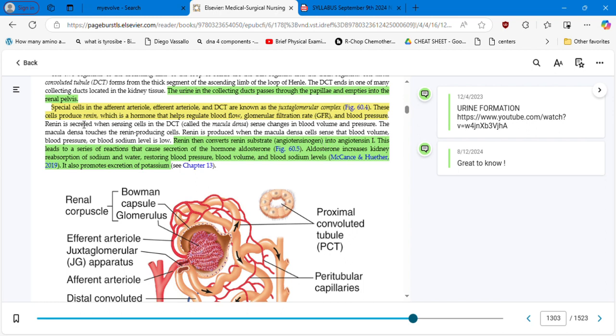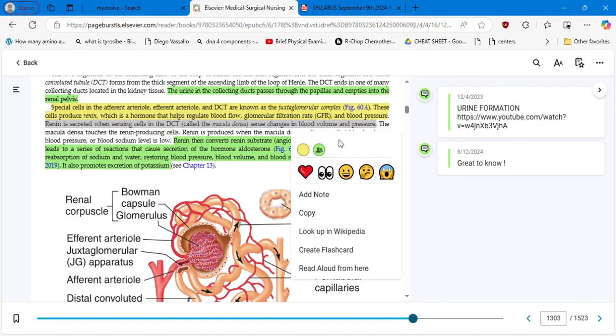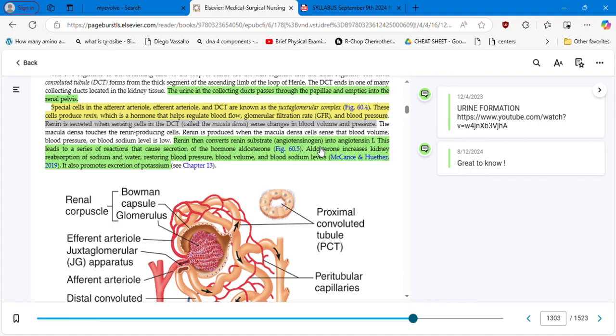So the most important is that renin then converts renin substrate into angiotensin 1. That's the shortcut, right? Forget about the renin substrate.